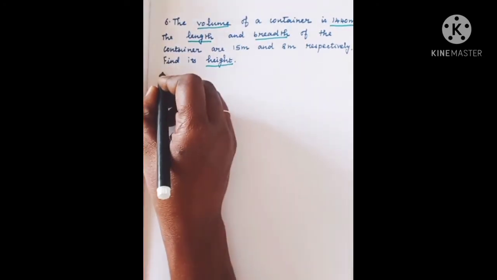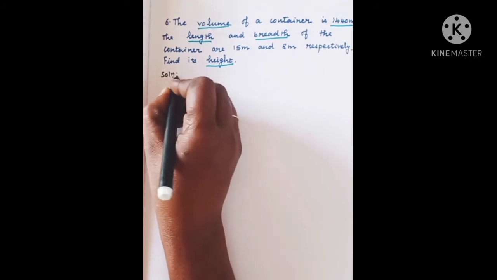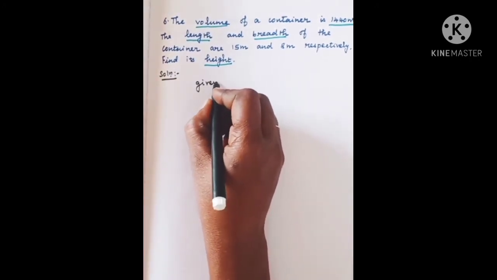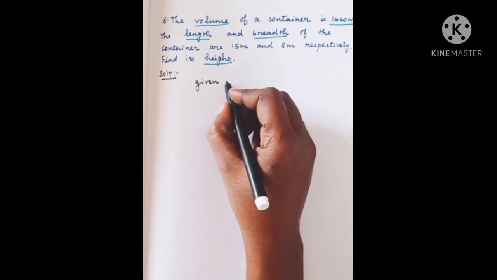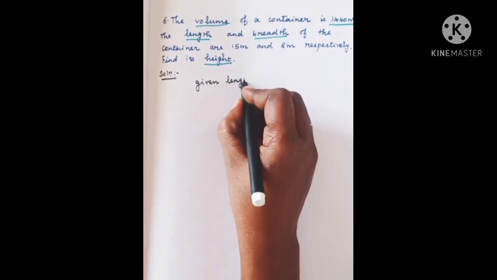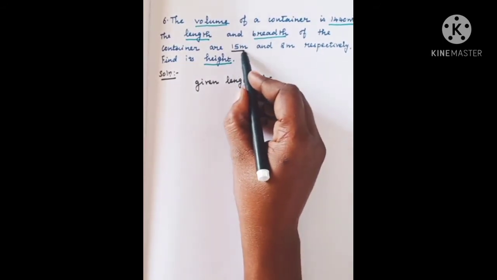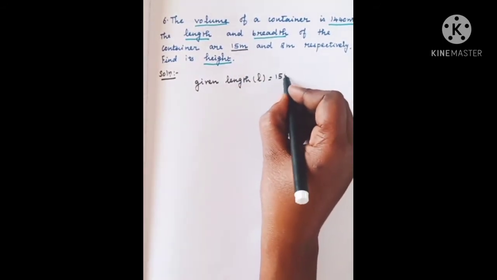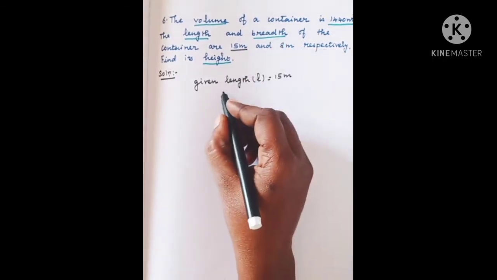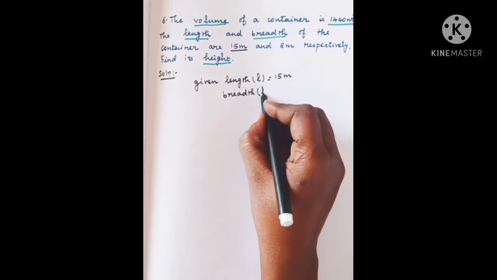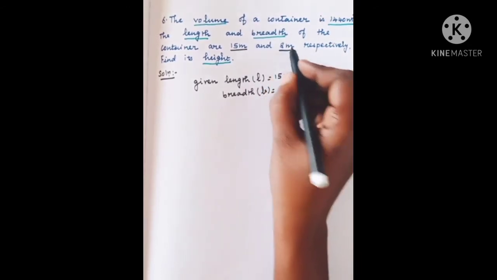Okay. Solution. What is given? The length, taken as L, is 15 meter, and the breadth B is given as 8 meter.